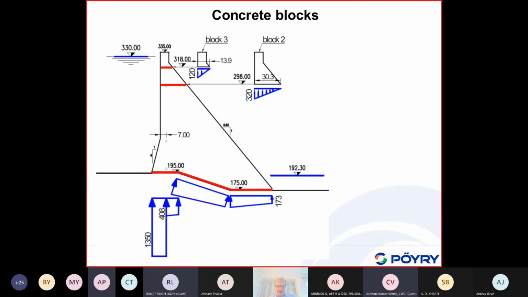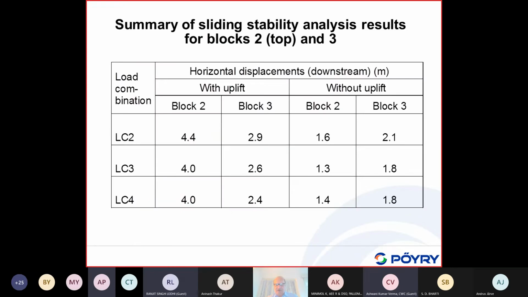After the earthquake, the displaced block satisfies actual static stability factors for sliding and overturning.